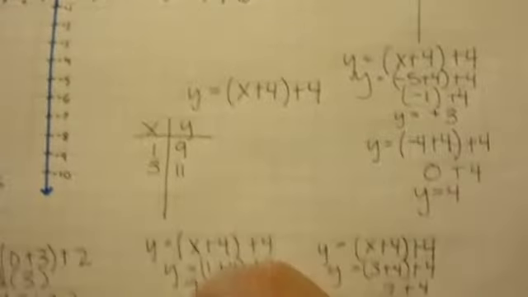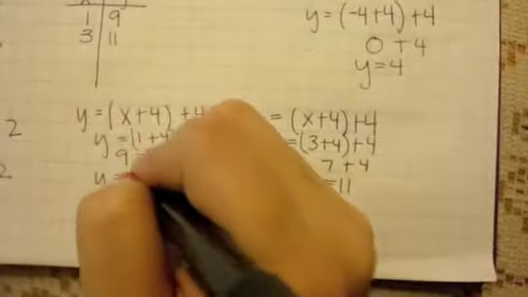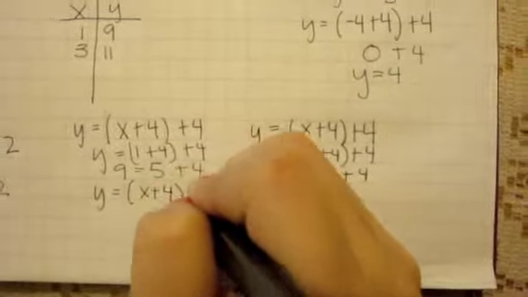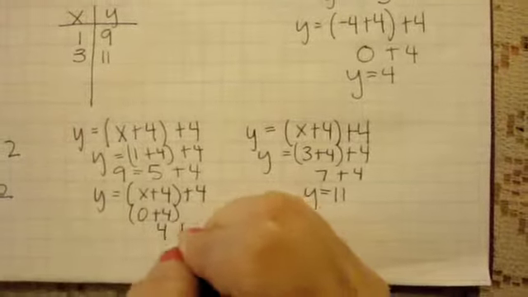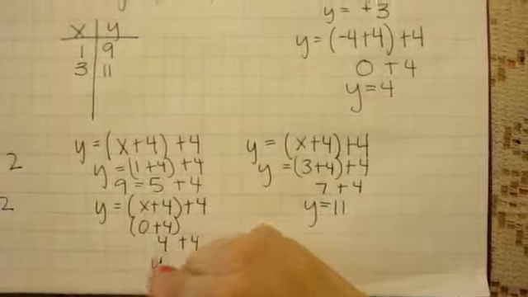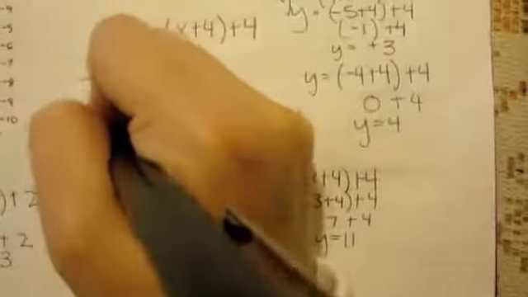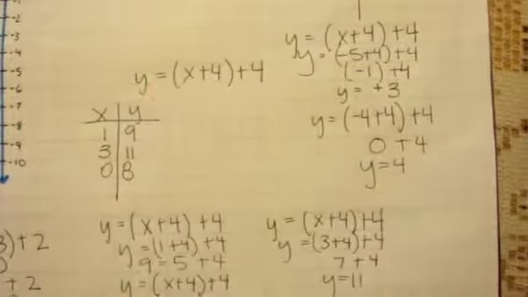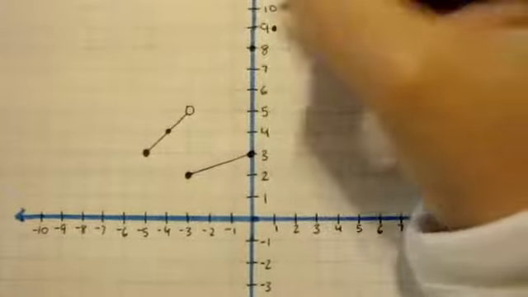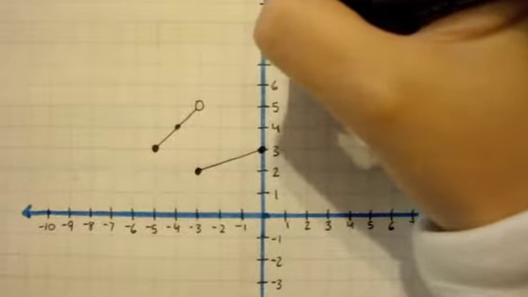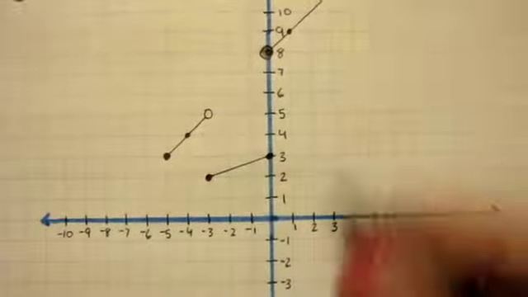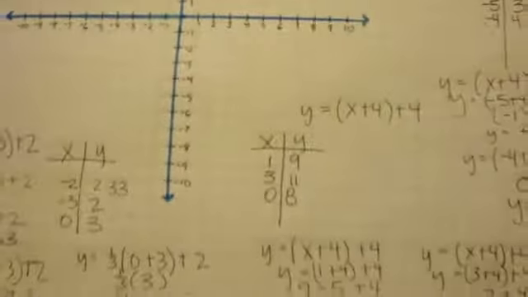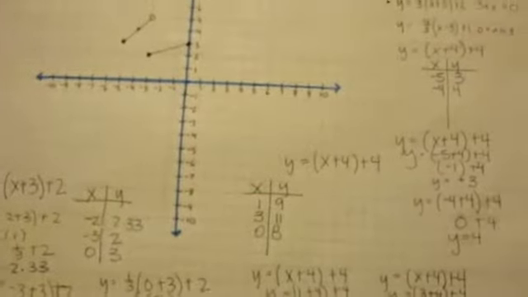So I'm going to do y equals x plus 4 plus 4. And then 0 plus 4 is 4, plus 4 equals 8. So y equals 8 when the x value is 0. So 0, 8. But it's not included, so it's an open circle. And that's how you graph piecewise functions from the equations.